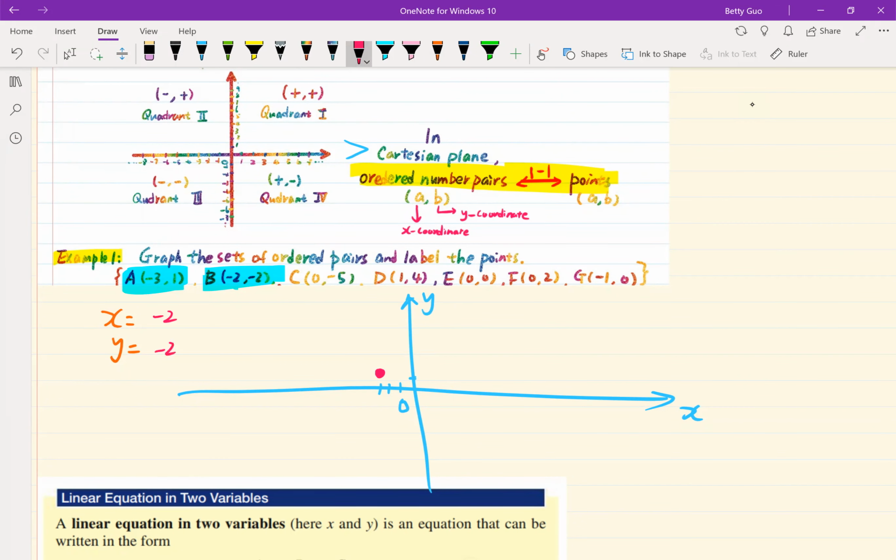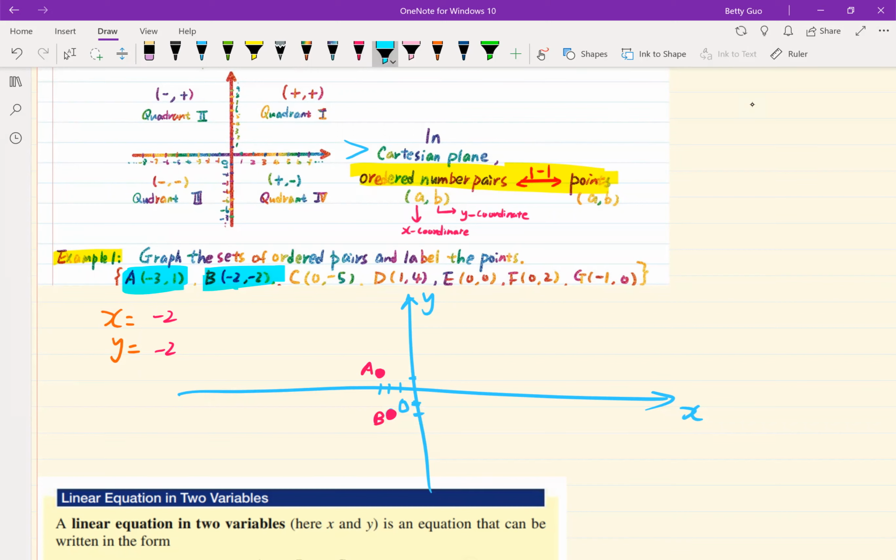It is in quadrant 3 because it's 2 units to the left, 2 units below. You can repeat the video and figure out what's going on here. 2 units to the left, 2 units below. So that point is B. This is A, this is B, right?